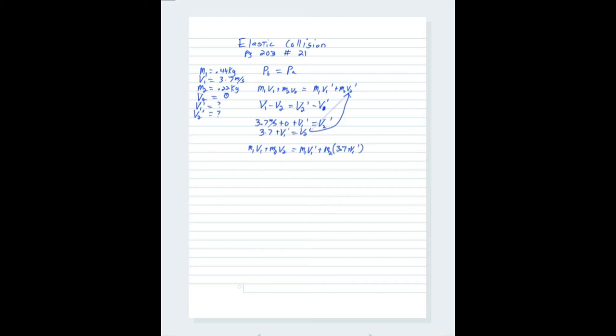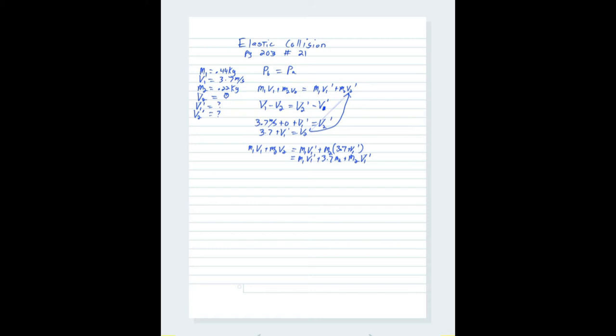So I made a substitution there. Okay. Now I'm just going to distribute the M2 across those parentheses. So I'm just going to rewrite the right side of the equation here. It's going to be M1V1 prime plus 3.7 M2 plus M2V1 prime. Okay, the left side's still the same.